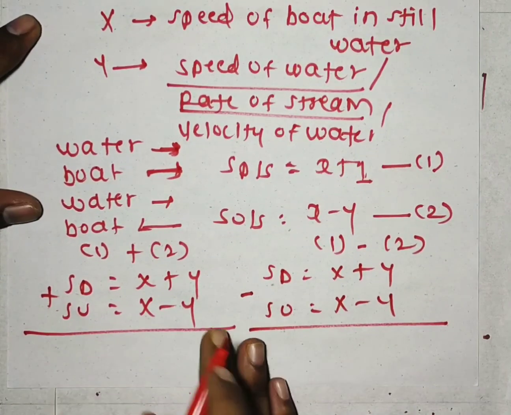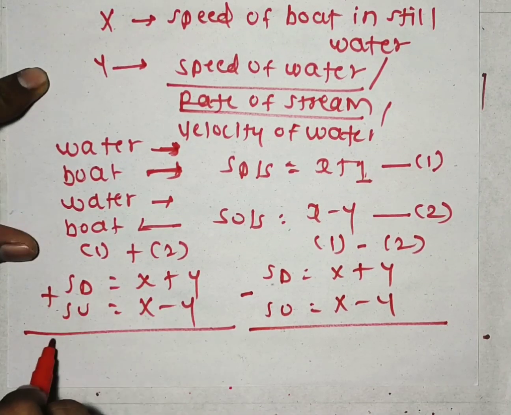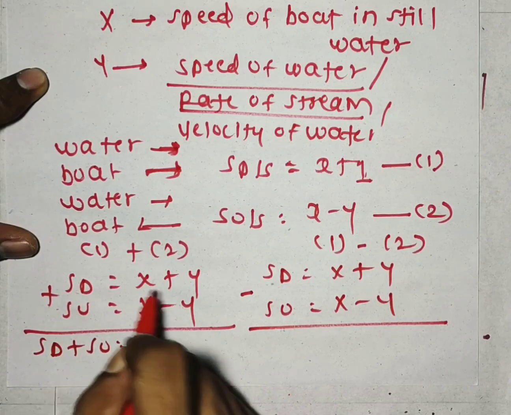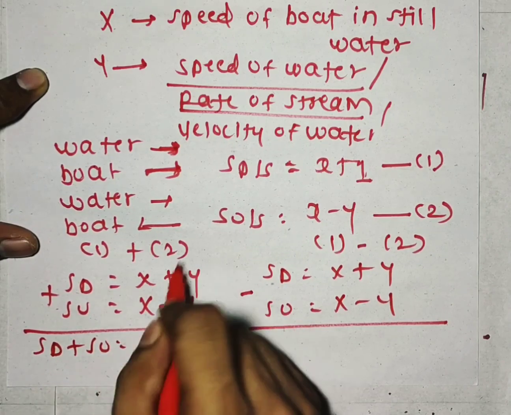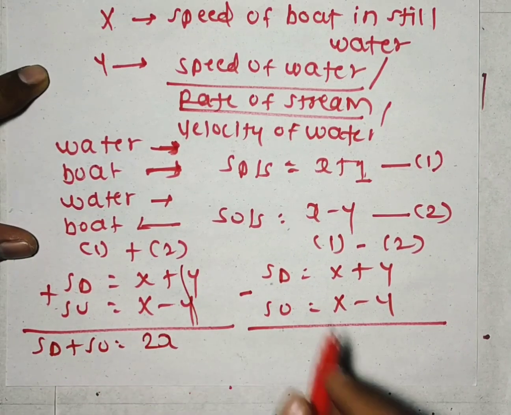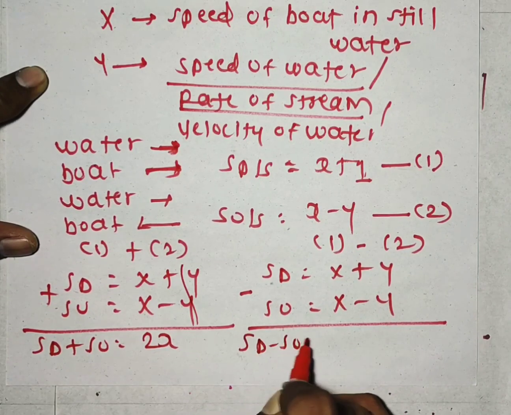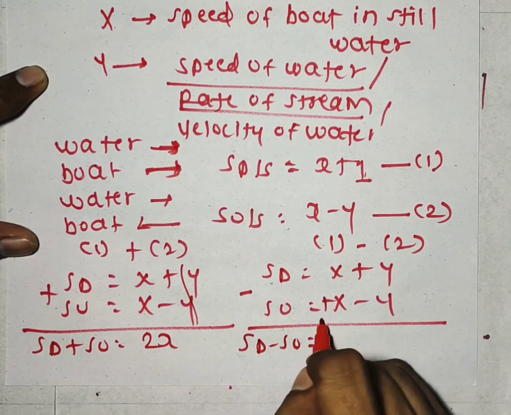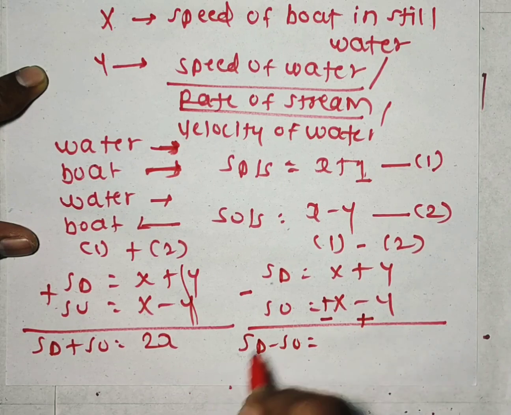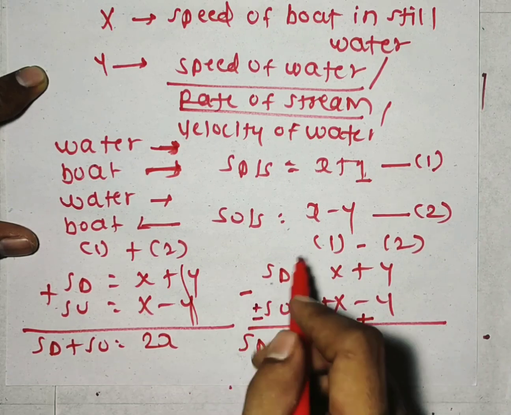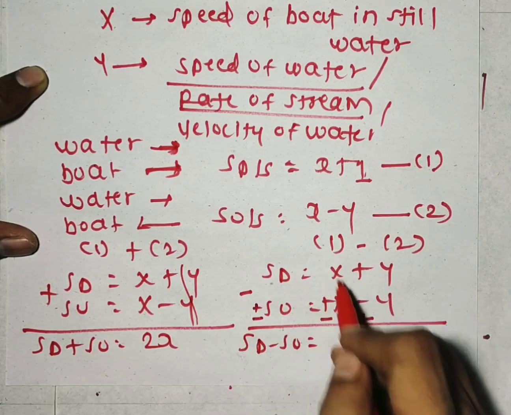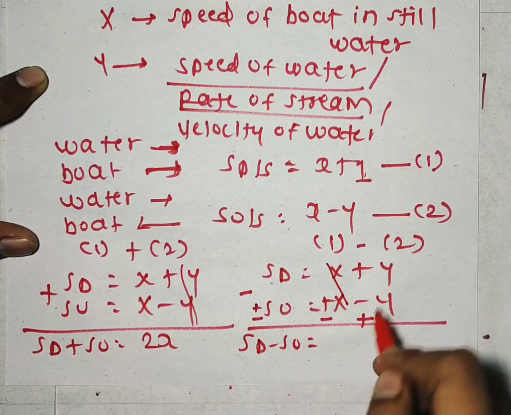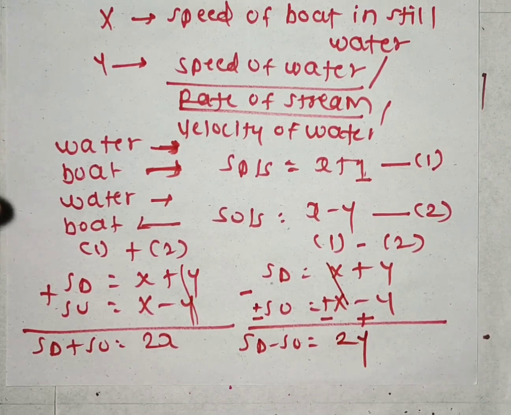Adding, SD plus SU gives x plus x, 2x, and plus y minus y gets cancelled. Subtracting, SD minus SU: the plus becomes minus and the minus becomes plus, so x minus x gets cancelled, and plus y plus y becomes 2y.